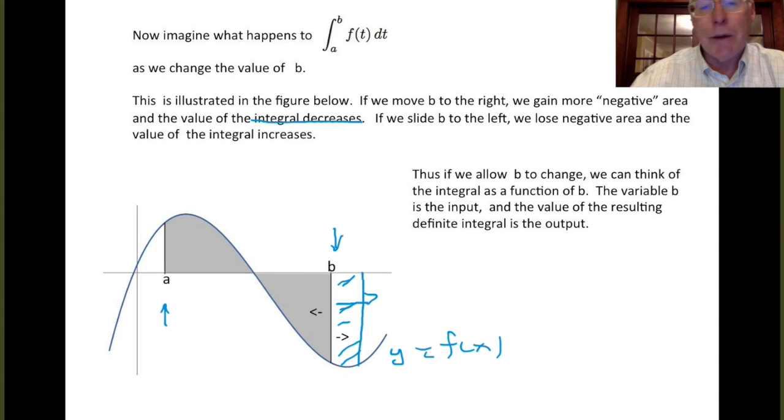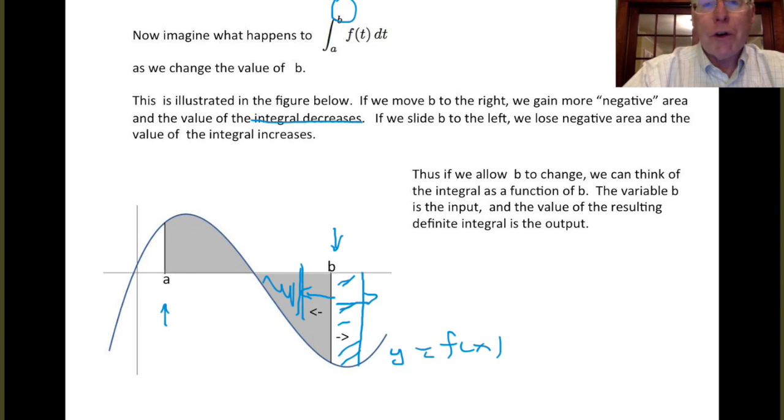If you add negative numbers, things get smaller. On the other hand, if we slide b to the left, let b get smaller, and stop the calculation here, then we are losing negative area, and as a result, since we're adding in fewer negative pieces, our integral increases. So the value of the integral does change if we let this number b change.